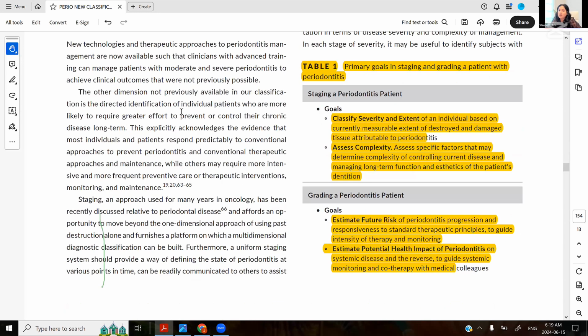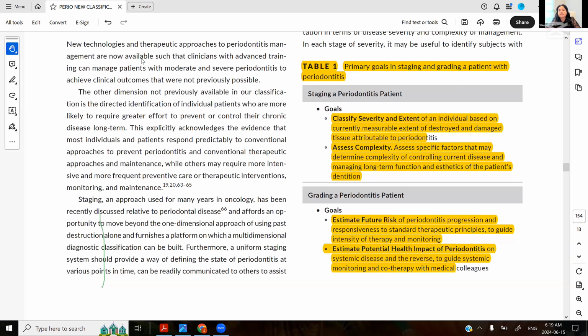Now let's see how the staging and the grading are classified. The primary goals in staging and grading a patient with periodontitis are to identify the severity and the extent. What is the attachment loss? How much has the bone been compromised? How many teeth has the patient lost due to this periodontitis situation, right?